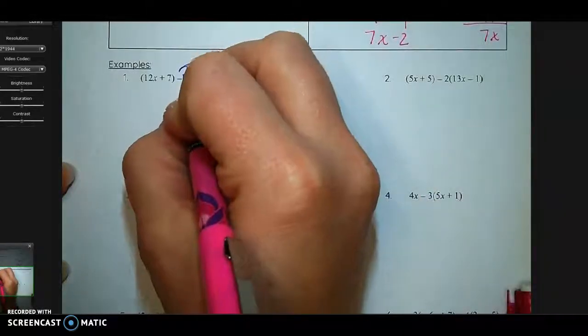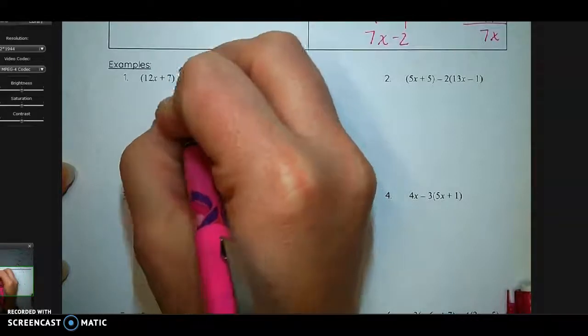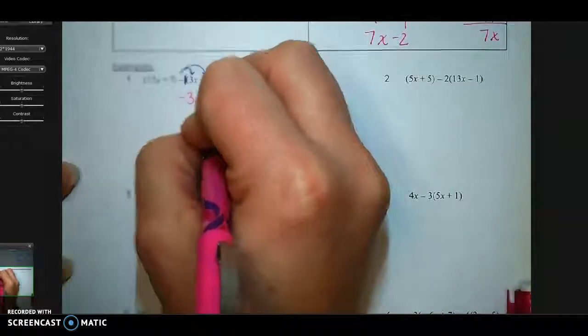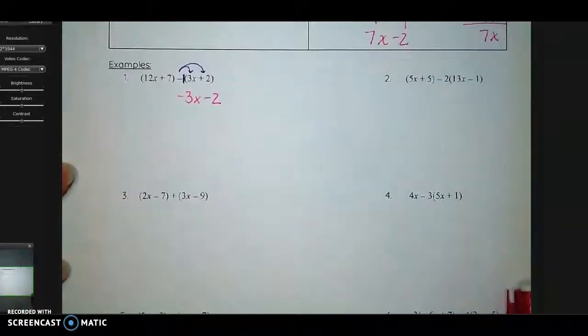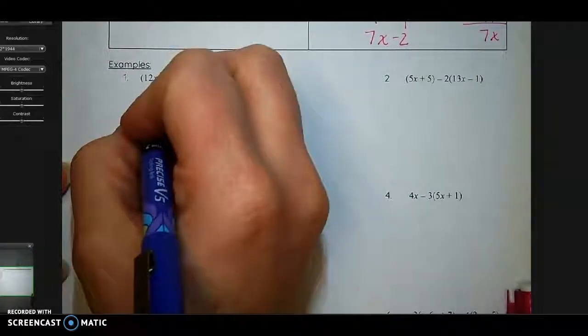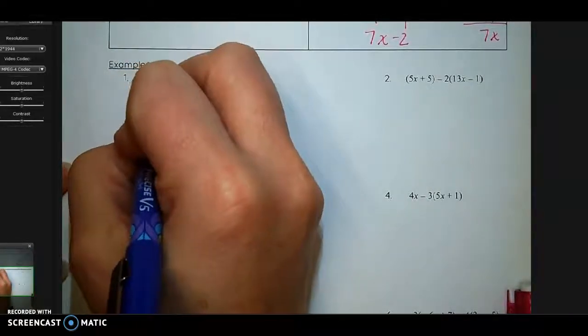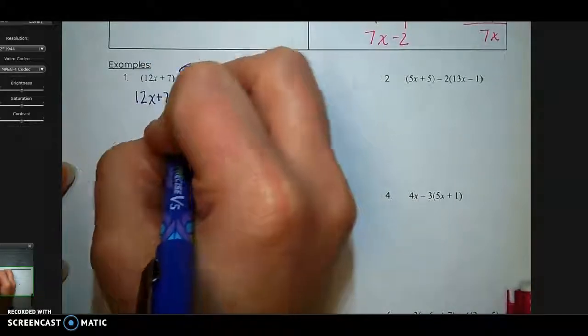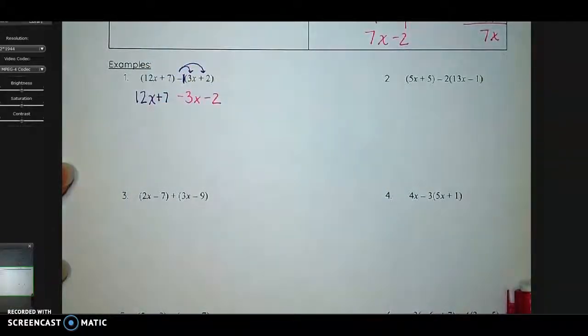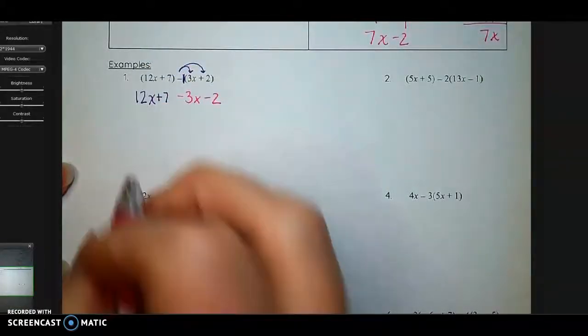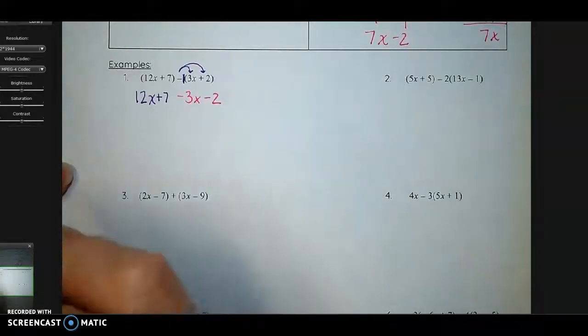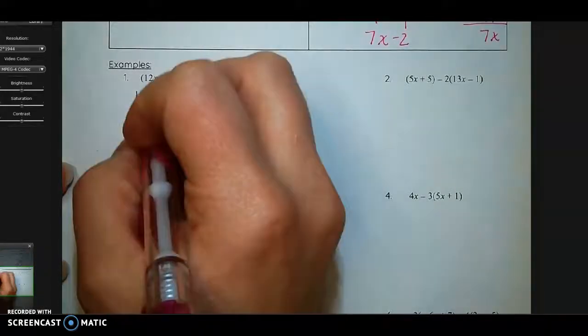So the opposite of 3x is -3x and the opposite of 2 is -2. Now we still have this part out here, and once we distribute that negative, we're just going to get rid of all the parentheses there. So now I have 12x plus 7 minus 3x minus 2.